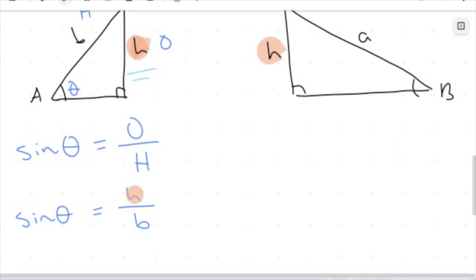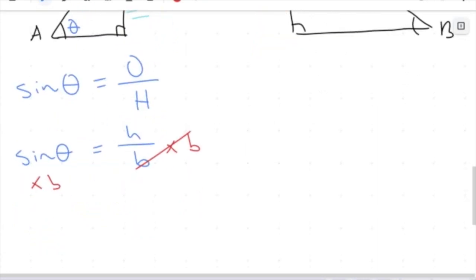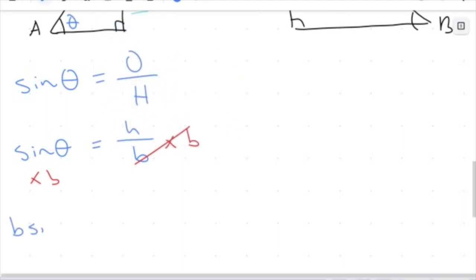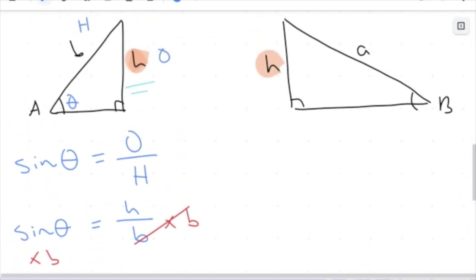Now, if I want to get h on its own, I just have to solve this equation. So getting h divided by b, making this into h, I can multiply both sides by b. And I'm going to get b times sine theta equals my perpendicular height h.